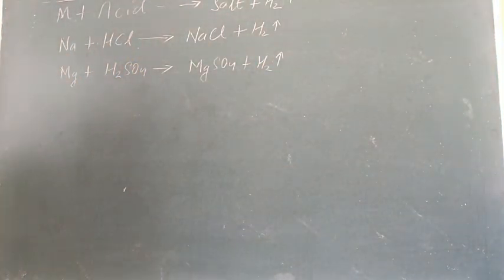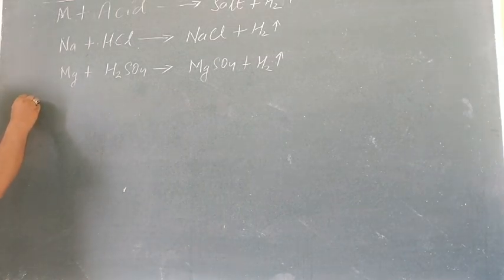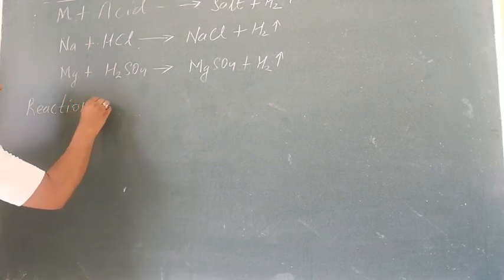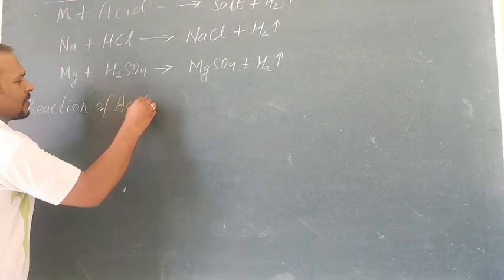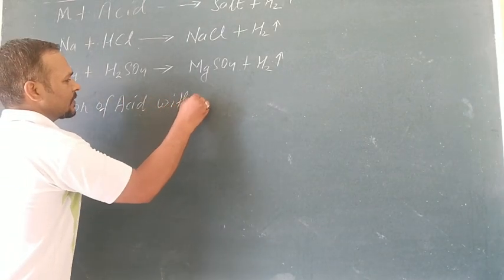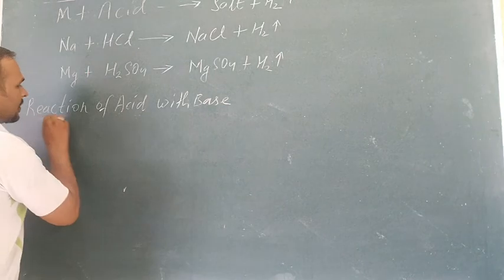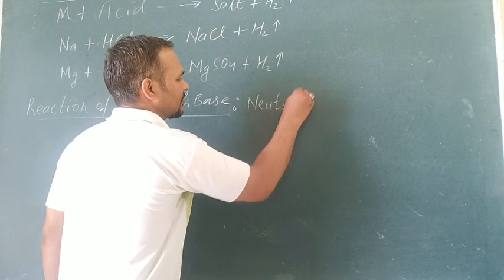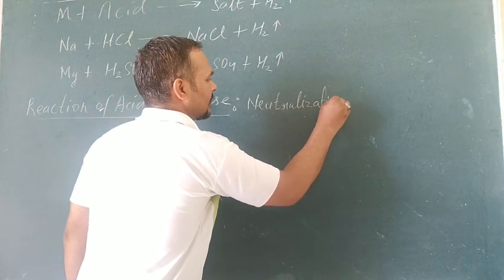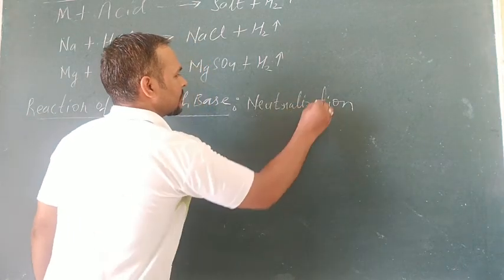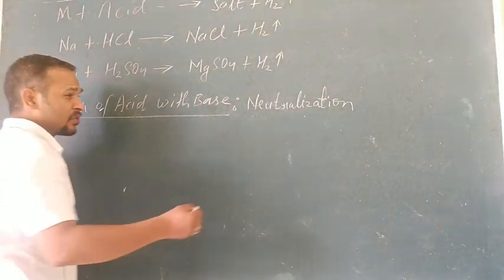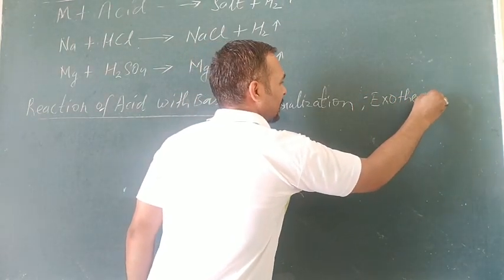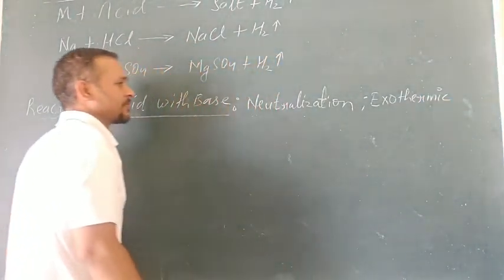Now, what happens in the reaction of acids with base? It is also called a neutralization reaction. And a neutralization reaction is also an exothermic reaction.